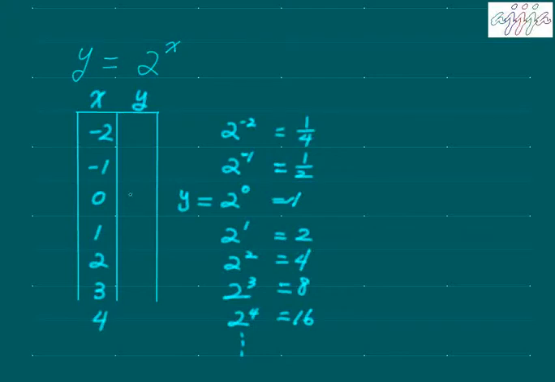So we plug these values right here. 2 to the 0 power, which is 1. 2 to the first power, 2. 2 to the second power, 4. 8, 16, 32, so on. Alright, what about this? Negative power means still the total value going to be positive anyway.